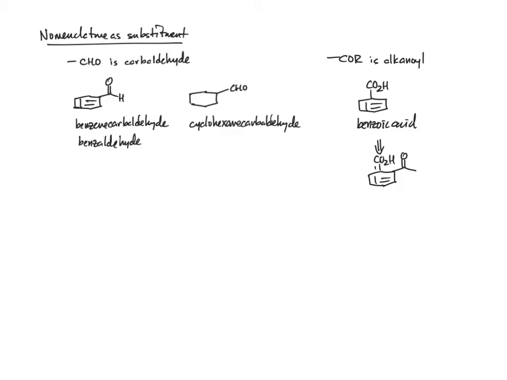So 1, 2, we're at the 2 position. We're going to call this 2-ethanoyl benzoic acid. We get the ethane part from it being 2 carbons. So if the benzoic acid is at position 1, the substituent's at position 2, ethanoyl, so we see it as a substituent.